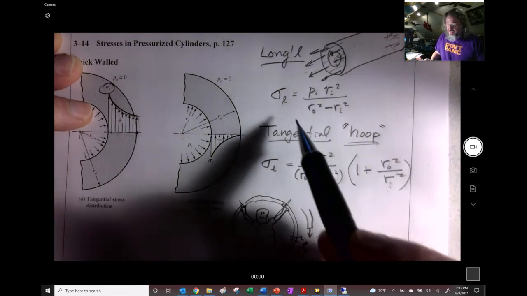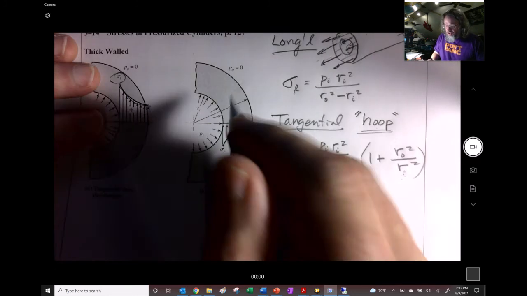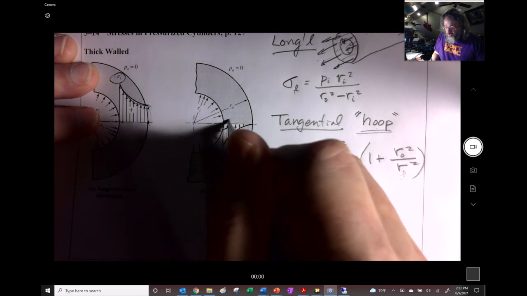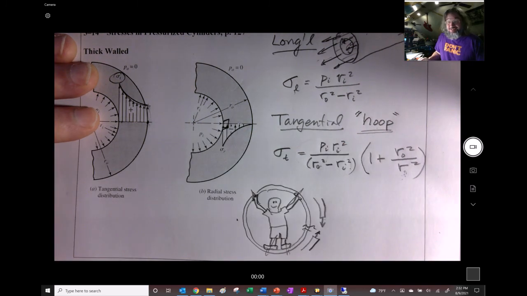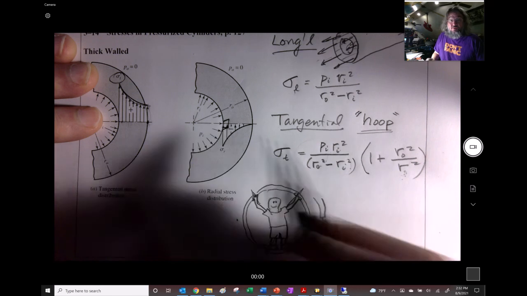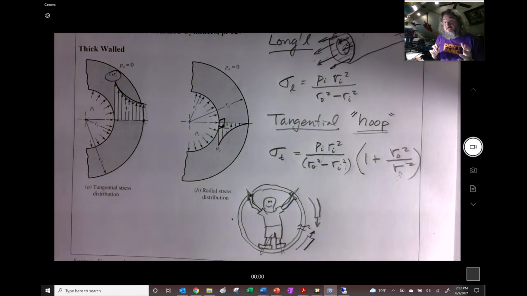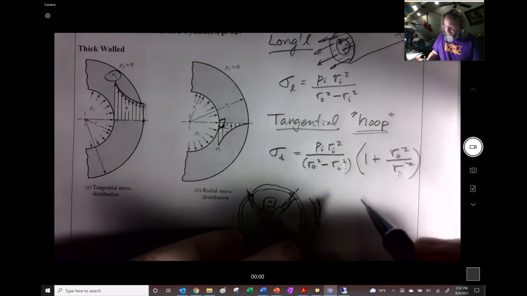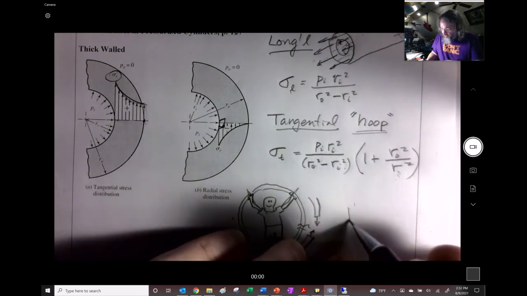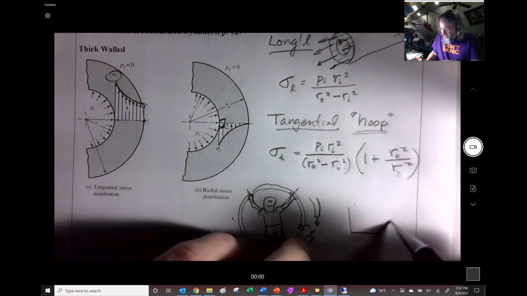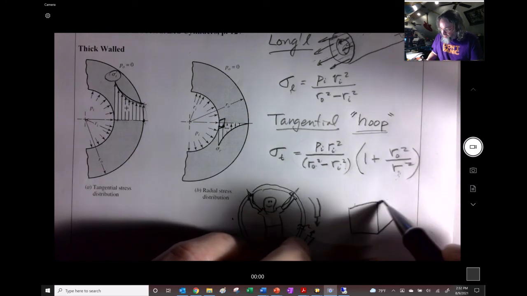So the concept here is that if we took a small little cube that's right there on the inside surface of this pressure vessel, it would feel normal stresses in 3 directions, right? So I'm going to draw it with a little bit of a slant to it right here. Whoop.